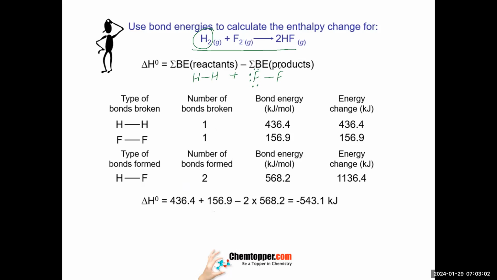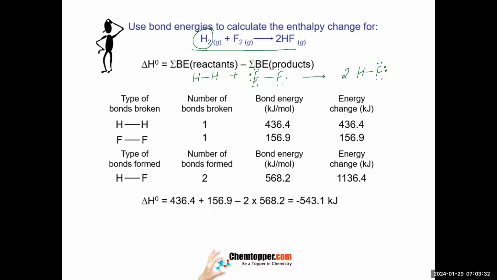This is the Lewis dot structure of fluorine, and 2 times HF. You're okay with this? Remember, hydrogen and fluorine never make a double bond. They're always singly bonded, so their Lewis dot structures are the simplest. So we know their Lewis dot structures, right?